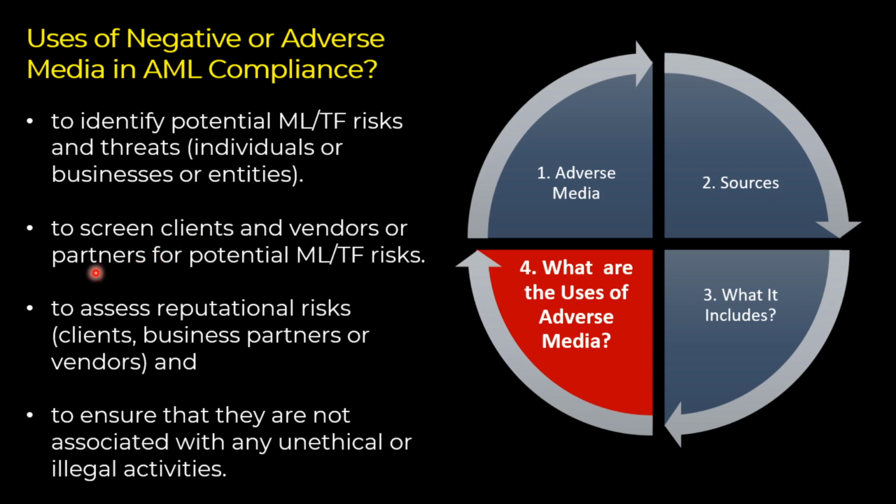For business partners, we mean for example any payment gateway that is working together with the banking industry, and when the banks are going to enter into a partnership arrangement with the payment gateway service providers, then the payment gateway should be screened appropriately, and the negative or adverse media searches should be performed for that particular partner.